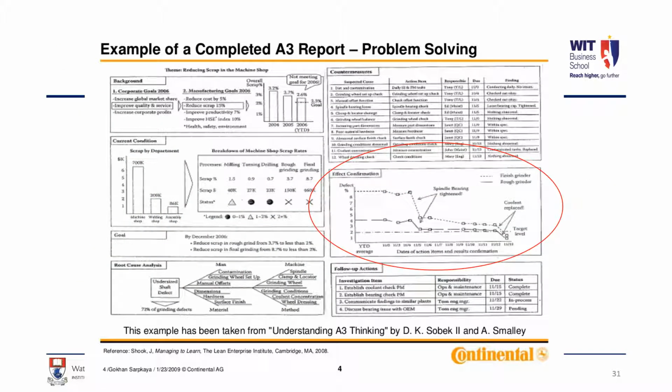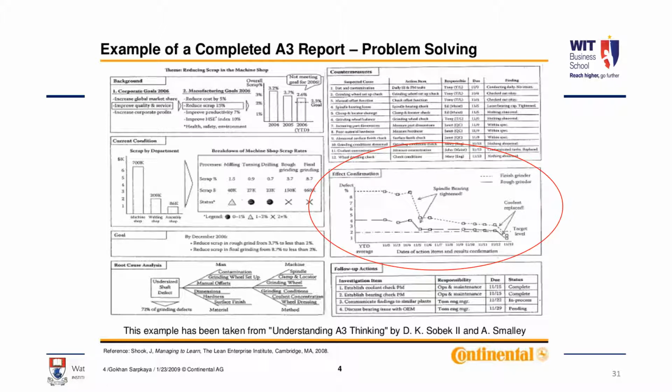So again, in their example, you can see here they're showing the effect of the countermeasures, measuring the number of defects in terms of the percentage at different times in the year. And what you're seeing here in this kind of trend graph is that the defects are absolutely falling from highs of above 8% in terms of one line there to under 2%, with the ultimate target of both lines being under 2% by the end of the test period.